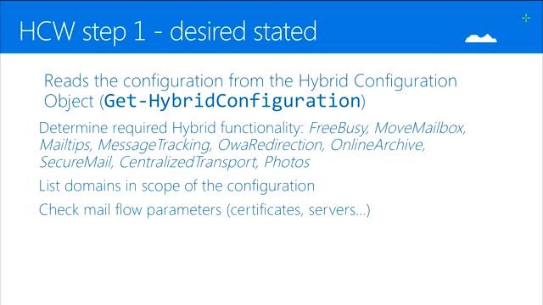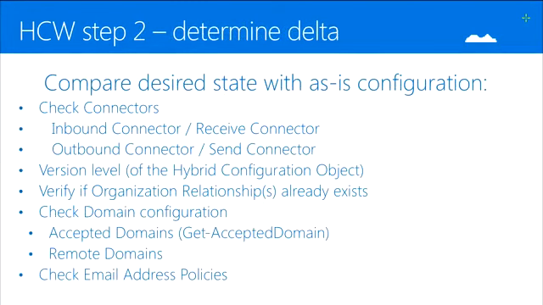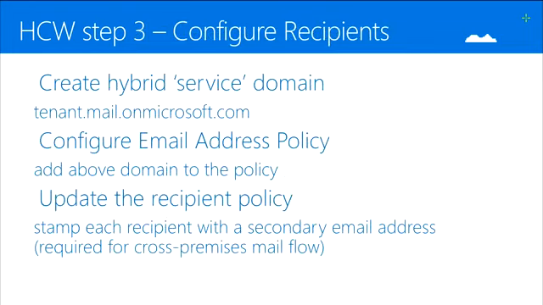I've just put these slides in here so that you can see what's going on. When you're watching this video, you can go back and pause this and look at the step-by-steps here. So this is what each step of the configuration wizard is actually doing, okay?